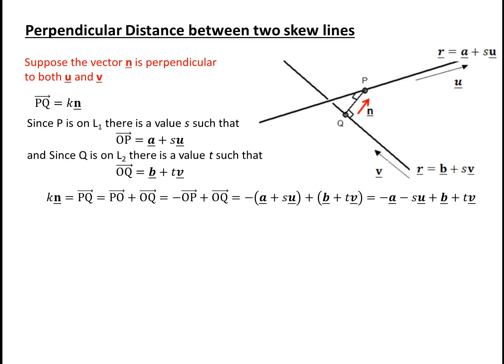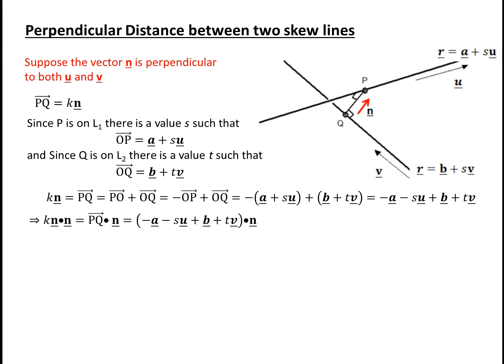Now the really cunning part of this proof is that we are going to take the scalar product of the left hand side and the very far extreme right hand side. And we're going to take the scalar product of both sides with the vector n. So the left hand side becomes k times n dot n.